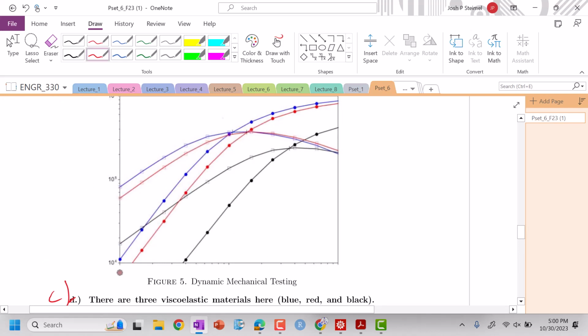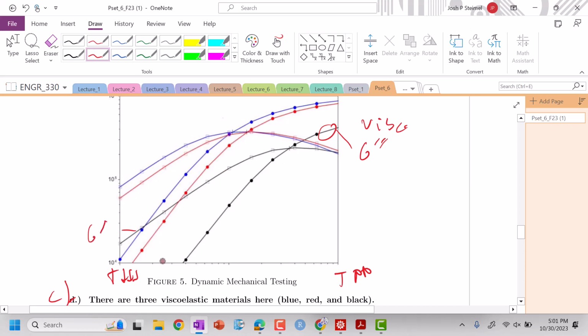So if this is, let's say, T that's very, very low, and this is temperature that's very, very high, and I have 3 materials, so I know at high temperature, I need my viscous to dominate. So this would be my G double prime, my loss modulus, and then this symbol, the open symbol here for the black, would be my G prime.